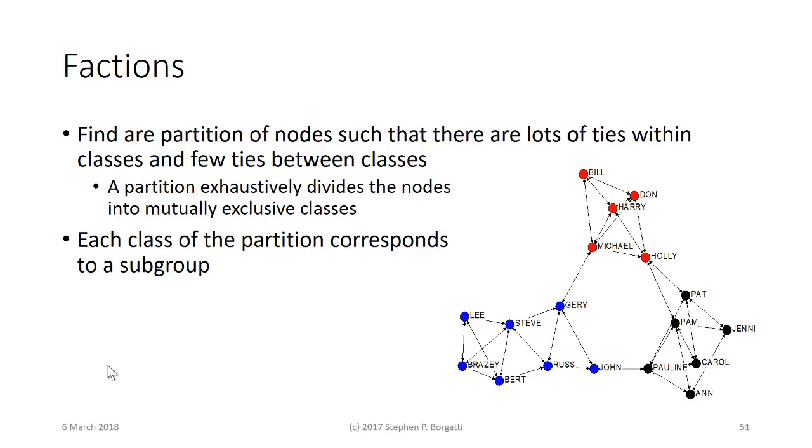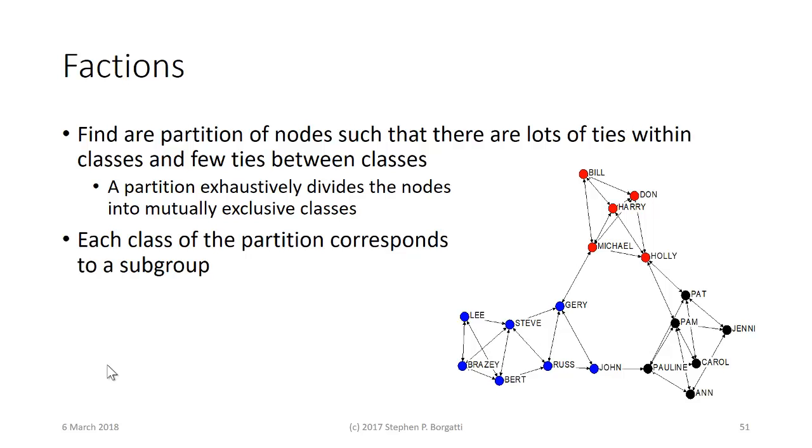And so here I asked for the 3-class solution, and as you see, it seems to have found the intuitively correct groupings. How does it do it? It has a measure of fit, and its measure of fit is that it wants lots of ties within a class and few ties between the classes.